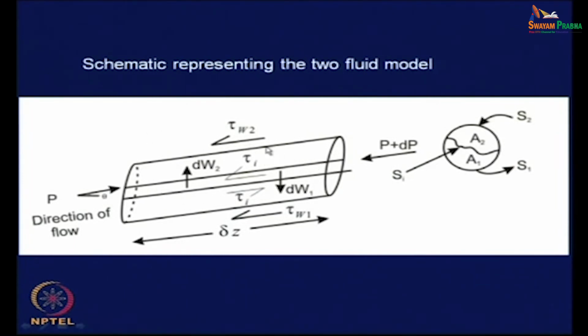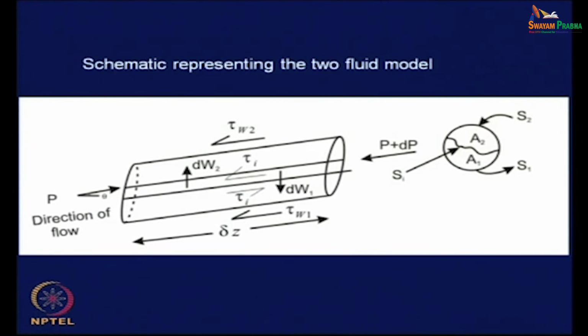So, these are the total forces which will be acting. And what is the rate of momentum in minus rate of momentum out? We assume that W1 amount of fluid 1 is entering, W2 amount of fluid 2 is entering. And here what is happening? We assume the general case, some amount of change of phase takes place. Naturally, whenever we talk of change of phase, immediately it appears that maybe some amount of evaporation occurs, but it can always be the reverse. So, some amount of phase 1 shifts to phase 2, say dW2 or dW1, whatever.